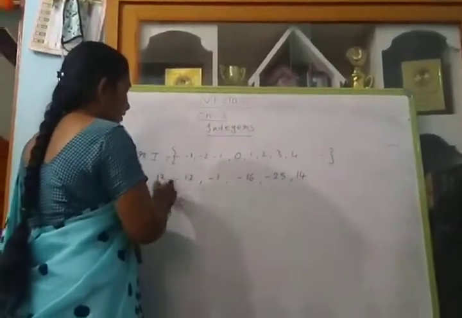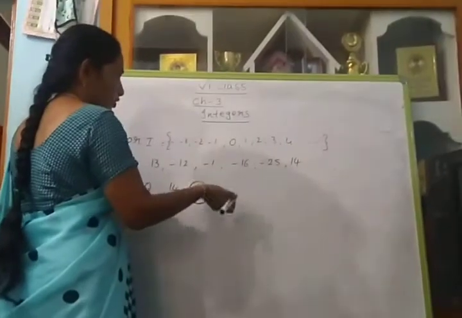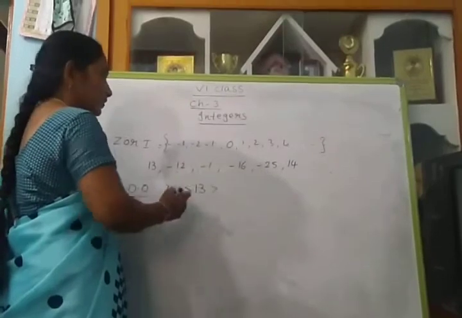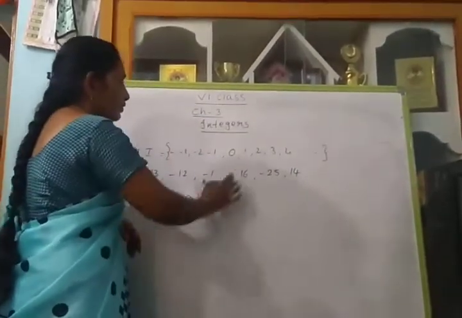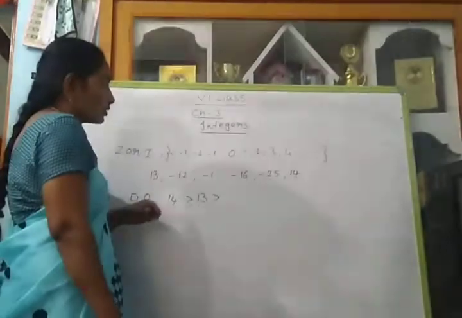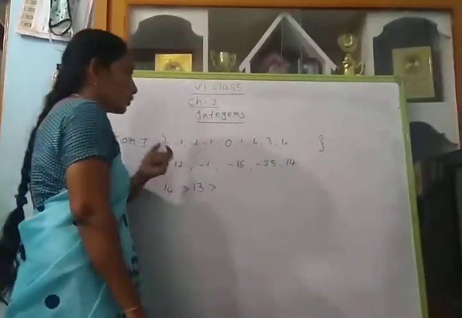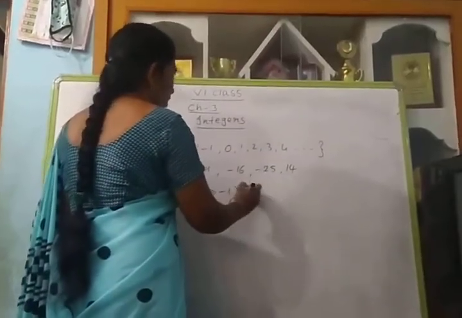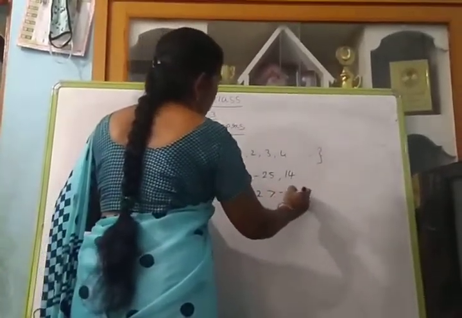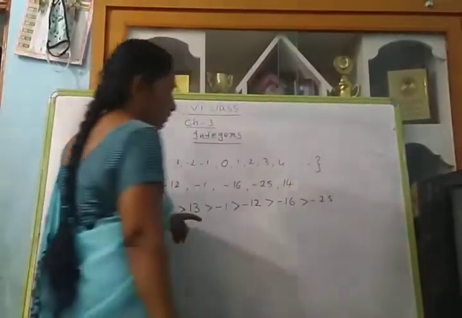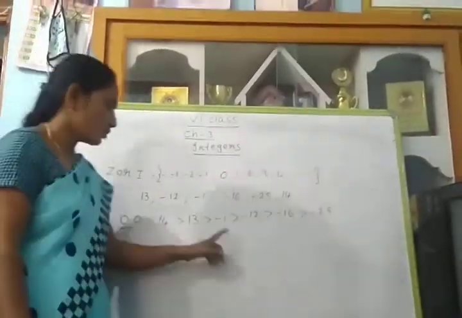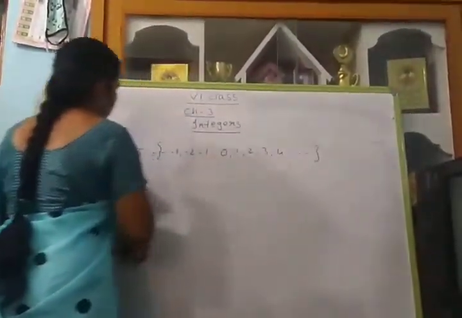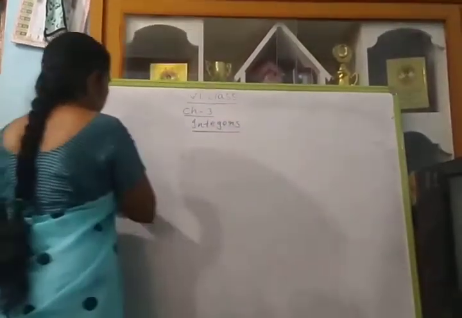Which is greatest among these integers? 14, positives are always greater. Now among minus 1, minus 25, minus 16, minus 12, with negatives we remember the smaller one becomes greater. Minus 1 is greatest, then minus 12, then minus 16, then minus 25. Like this you have to write in descending order.